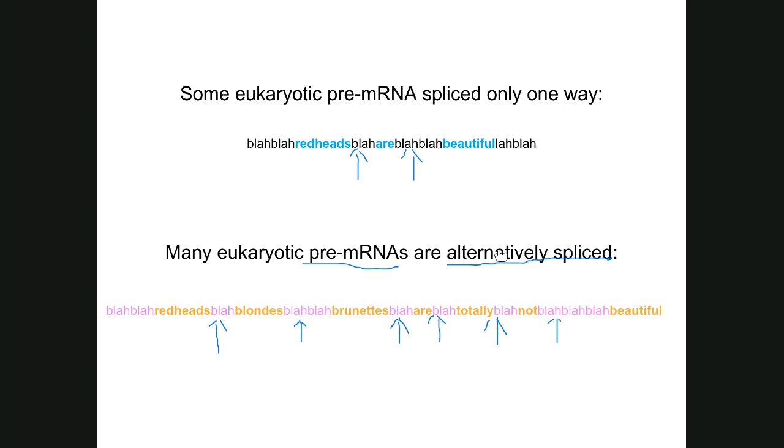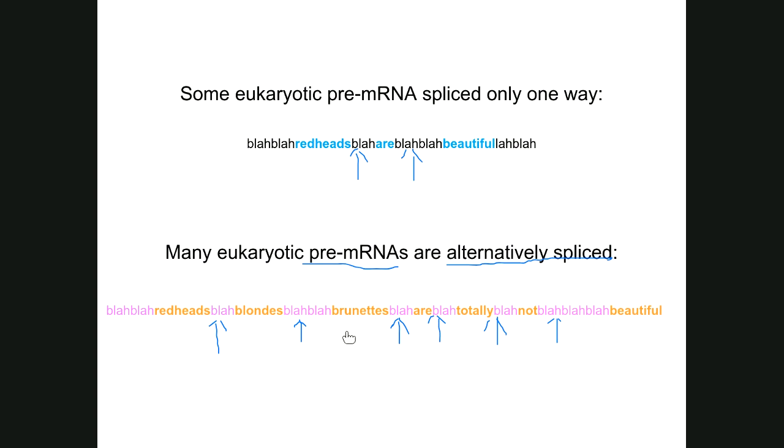They call this alternative splicing. In other words, sometimes when genetic information is transcribed into a pre-mRNA, the exons read in a manner that you can recombine them during the process of splicing.